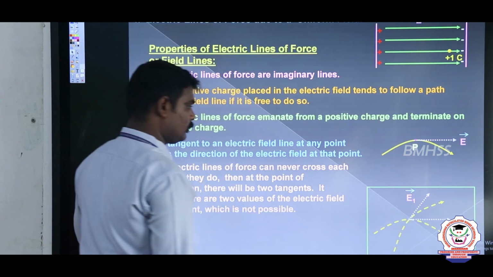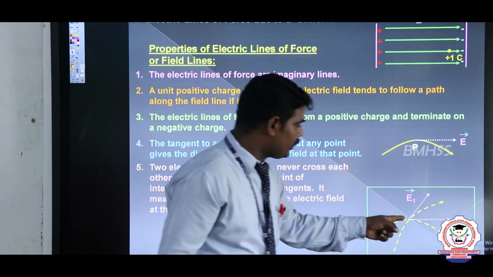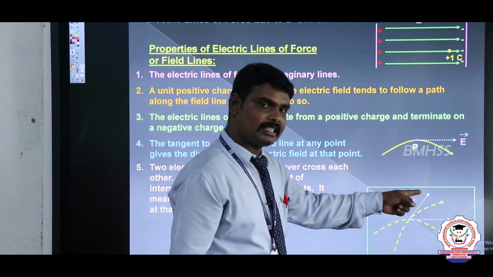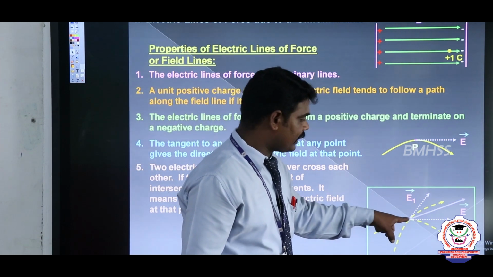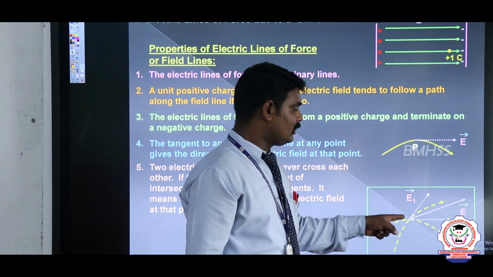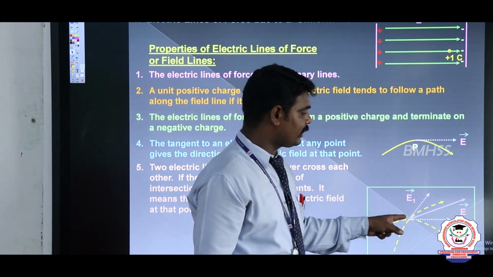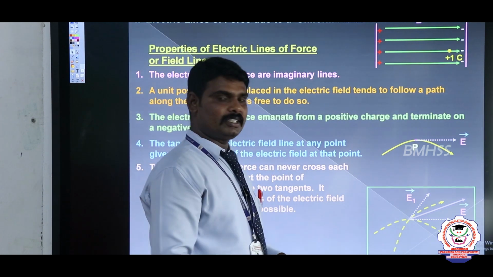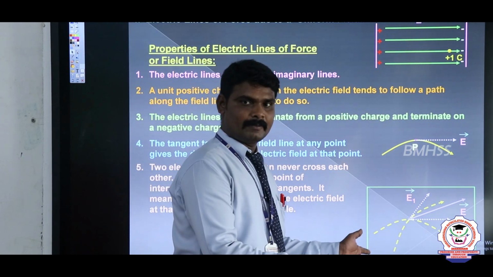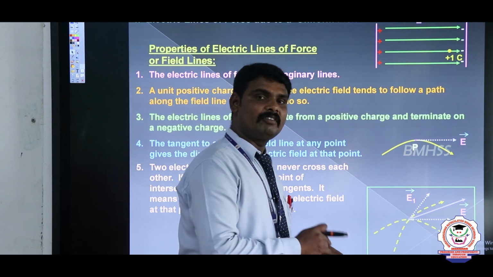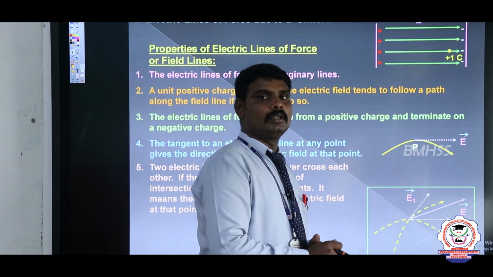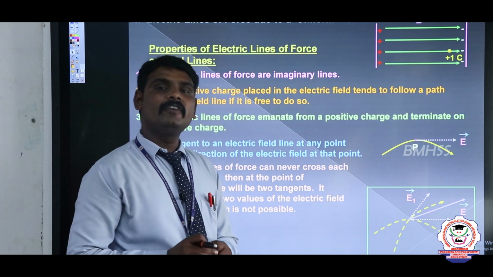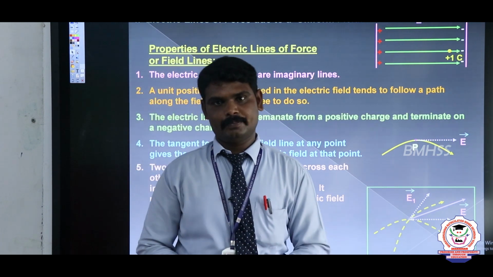According to our fourth point, at this point one field is acting in this direction and another field in this direction, so the resultant electric field acts in a resultant direction. A point charge never moves in two directions, it moves in only one direction. So from this, the electric field lines never intersect.